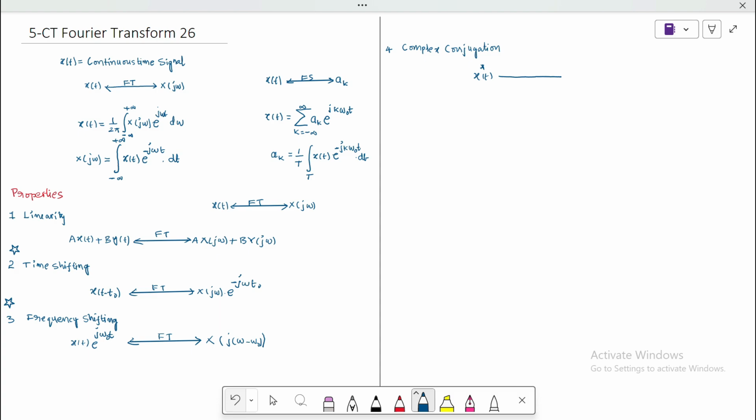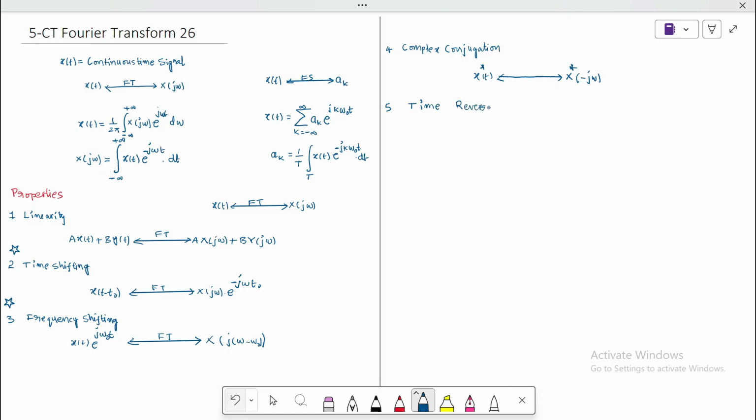In the frequency domain, it is also complex conjugation, but omega must be replaced by minus omega. That is the difference. The fifth one is time reversal.